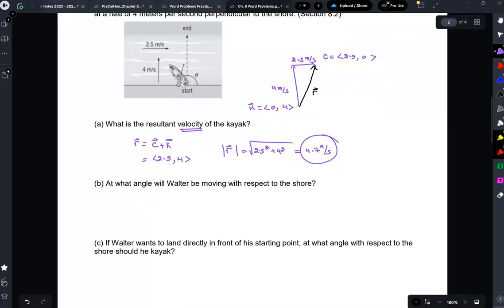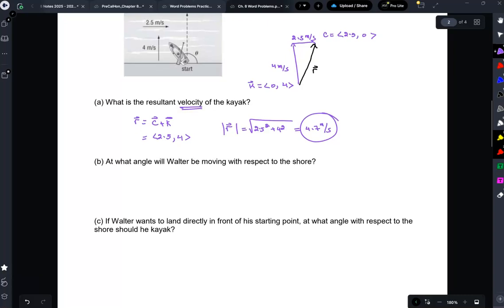Okay, at what angle will Walter be moving with respect to the shore? Okay, so let's take a look. We can draw this in a variety of ways. I have 4 here and 2.5 here. I could also draw this. So this is the resultant vector. Now what I can also do is make the vertical and the horizontal this way.